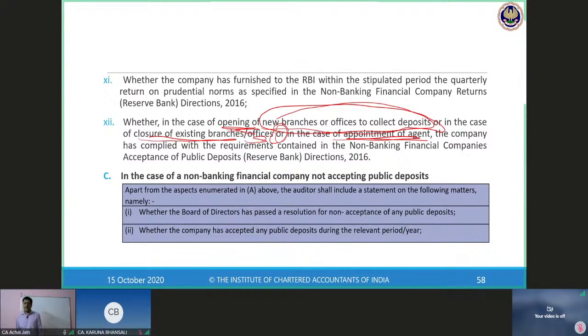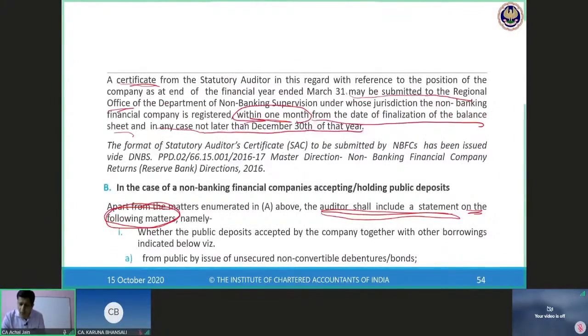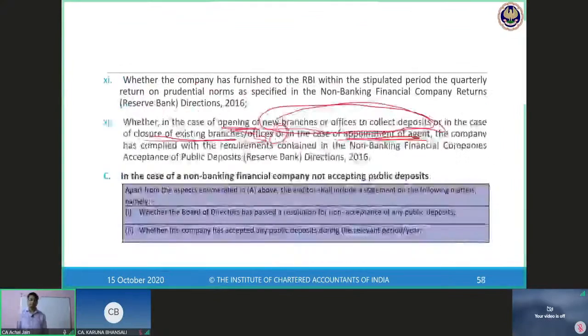Okay. Next, in case of an NBFC, now we are talking about point number C. So if you remember, this was B, and now we are moving on to C. In case of NBFC which is not accepting public deposits, apart from the aspects listed in A above. So A, if you remember, 3A applied to all the NBFCs. 3B applied to those NBFCs which were accepting the deposits.